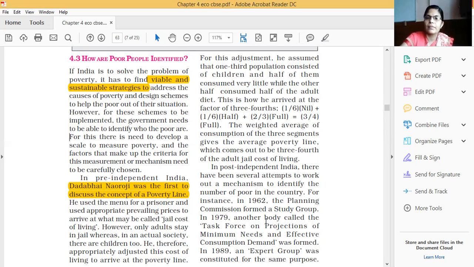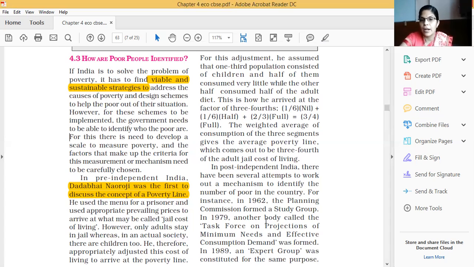The weighted average of the consumption of the three segments gives the average, which comes out to be 3/4 of the adult cost of living.